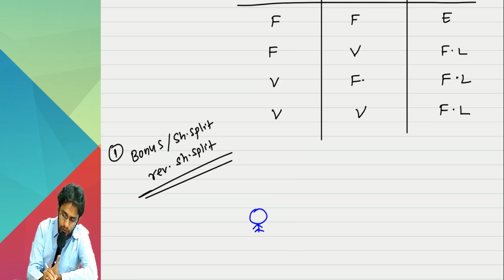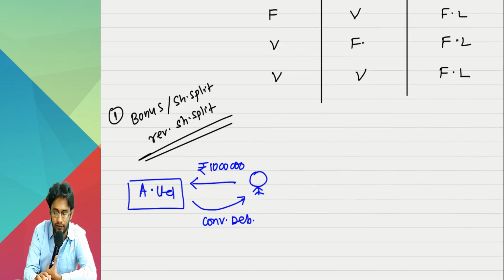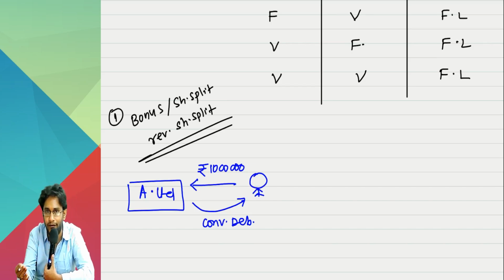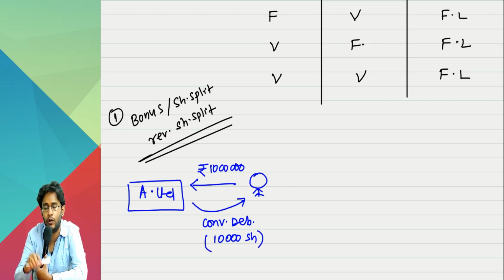this fellow gave us an amount of rupees 10 lakhs today. We issued to this boy convertible debentures. We are A Limited. What I told this fellow is, after 5 years, I will give you 10,000 shares, for which he accepted. Suppose, sir, you yourself are the debenture holder who gave 10 lakh rupees to me and you accepted 10,000 shares conversion.